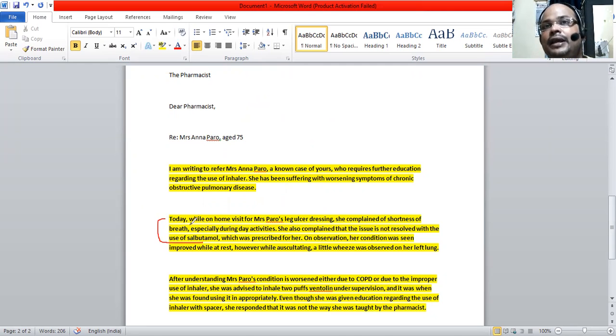The patient says these things, and from this point you are doing some observation. On observation, her condition was seen improved while at rest. However, while auscultating, a light wheeze was observed on her left leg. I used the word observed almost twice, so I have to say on assessment.